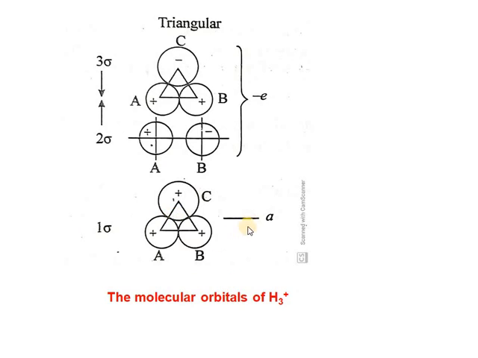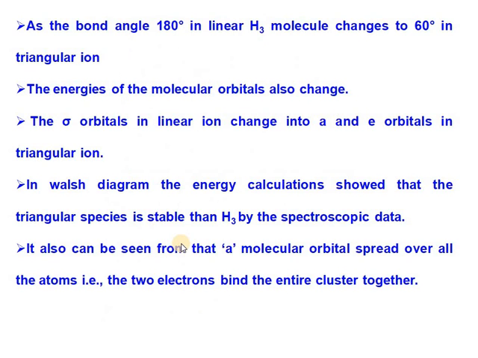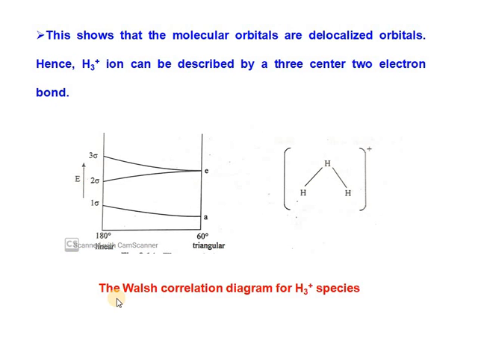So these A molecular orbitals can cluster all these groups of atoms. These A molecular orbitals spread over all the atoms, so two electrons bind the entire cluster together.